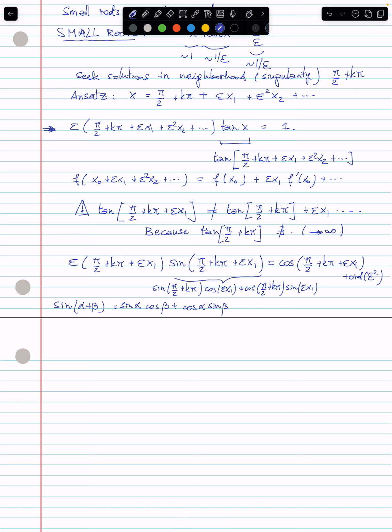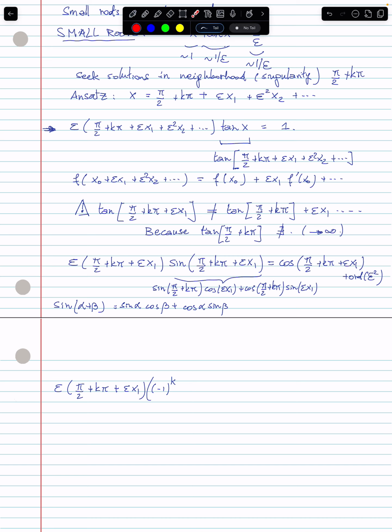All right, so let me just rewrite over here, pi over 2 plus k pi plus epsilon x1, which is, by the way, already of order 2, but let's keep it, it's maybe not a big deal. Then what do we have here? The sine of pi over 2 plus k pi, this is minus 1 to the power k, multiplied by the cosine of epsilon x1.